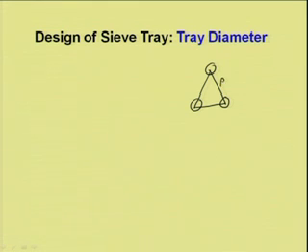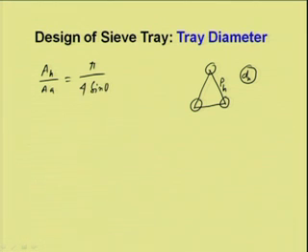So, this is the pitch length and the diameter of each hole is say d_h. Then A_H by A_A we can write as pi by 4 sin 60 into (d_h by p_h) squared.